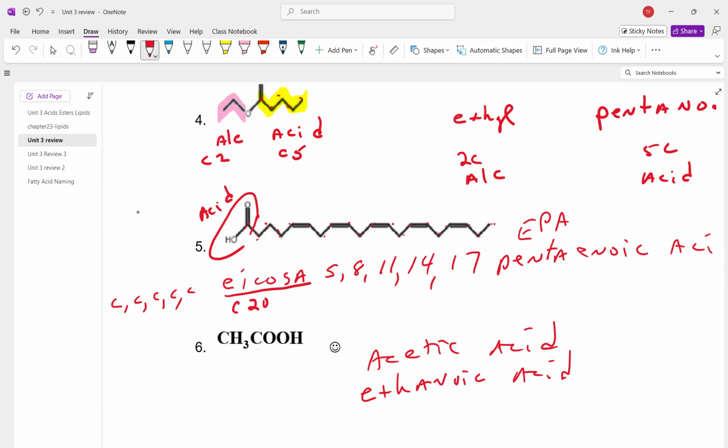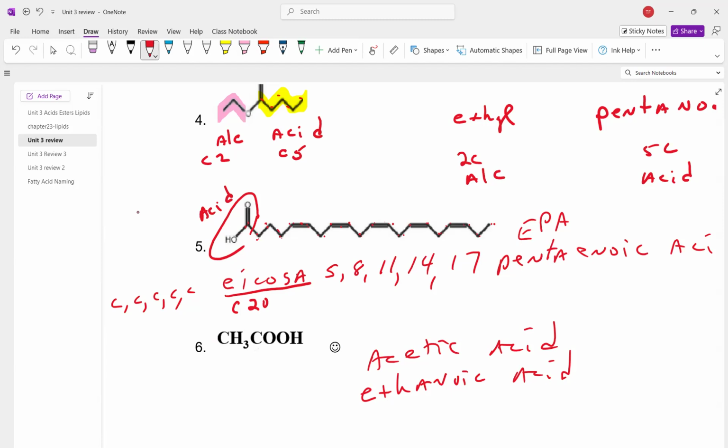Icosa. And there are 1, 2, 3, 4, 5 cis double bonds at positions 5, 8, 11, 14, 17 from the acid end. Notice they're 3 apart. So if you start with the first one, just add 3 each time.